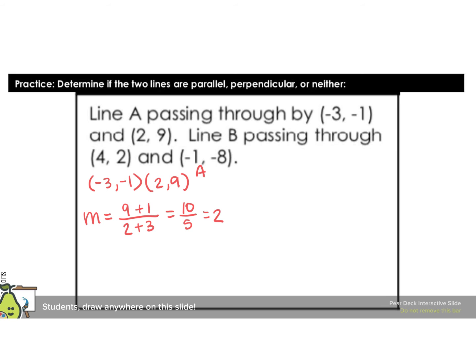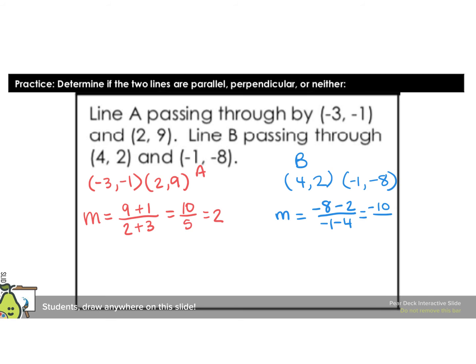Okay, line B passes through 4, 2, and -1, -8. So we'll do y2, which is -8, minus y1, which is 2, over x2, -1, minus x1, which is 4. -8 minus 2, that's -10.